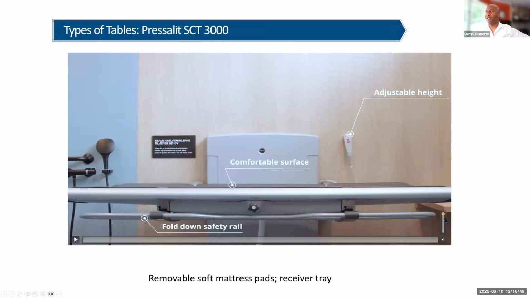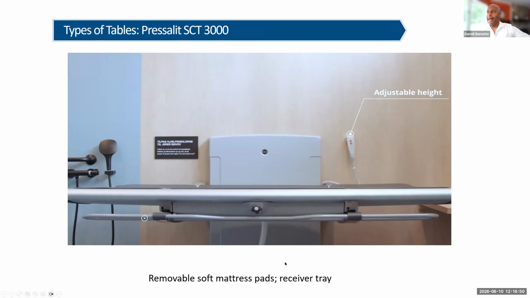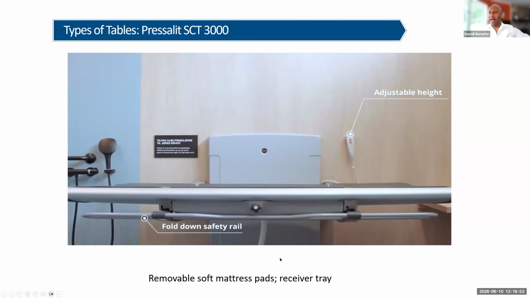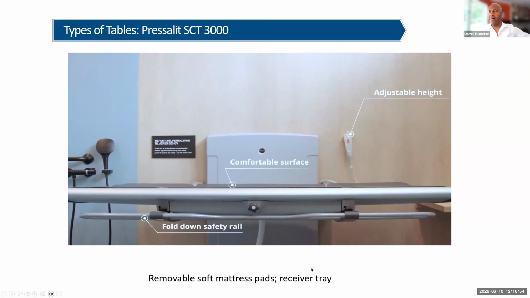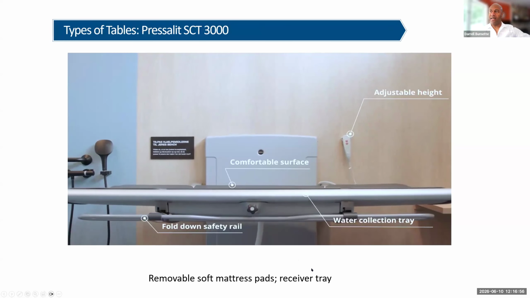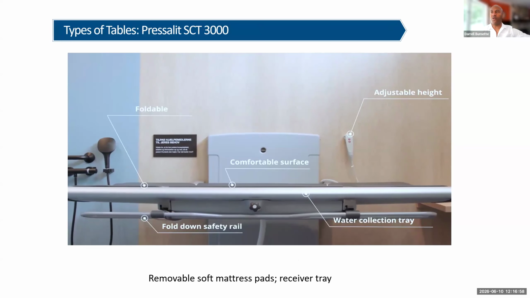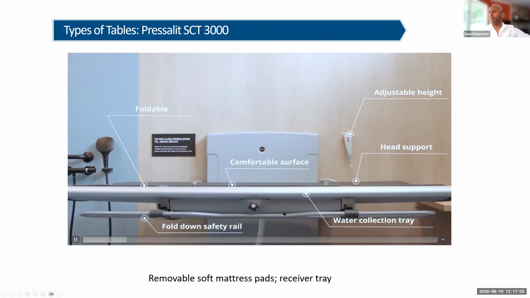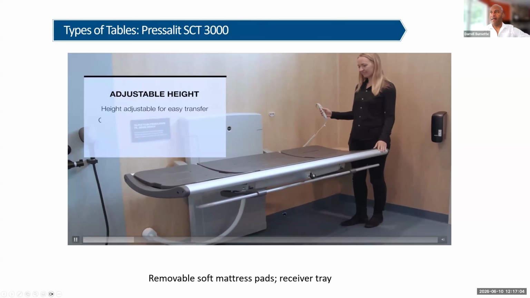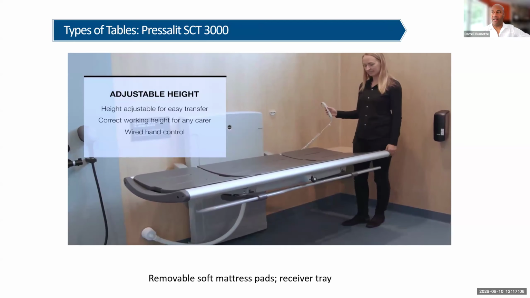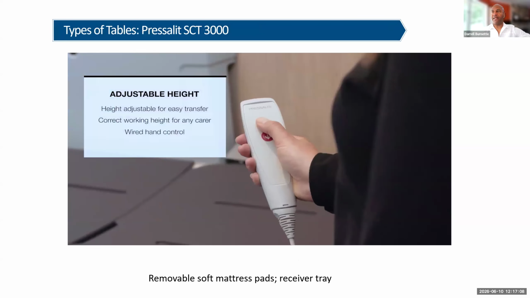This is an example of a shower change table, the Pressalit 3000. This is kind of the top of the line, where it's mostly used with a caregiver. Schools use it a lot, as well as assisted living and adult daycare facilities.